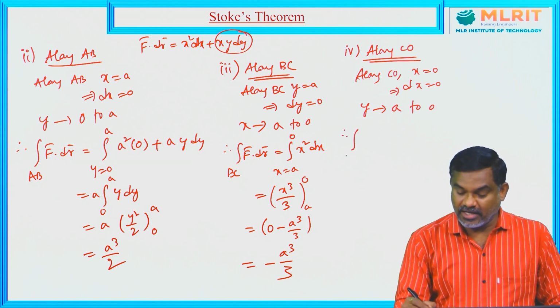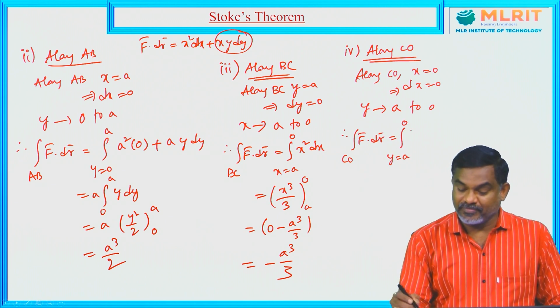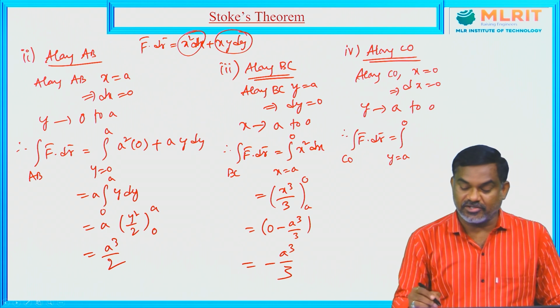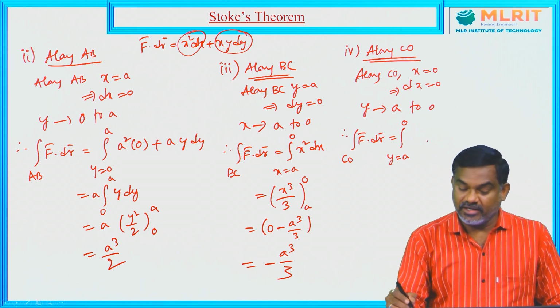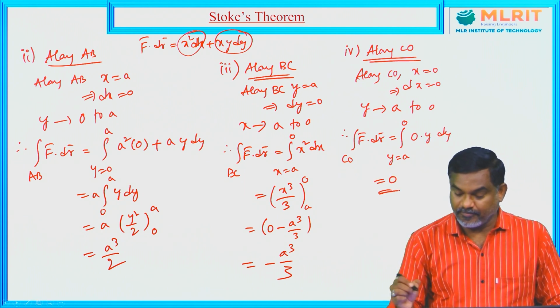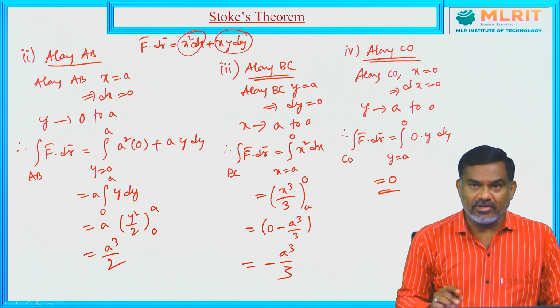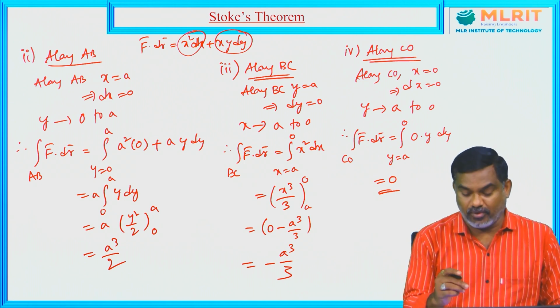Therefore, the line integral along CO, f bar dot dr bar, is equal to y from a to 0. Dx is 0, so the first term vanishes, and in the second term xy dy, x is also 0, so 0 into y dy. So the answer is 0. Hence we have evaluated the line integral along each side of the square.